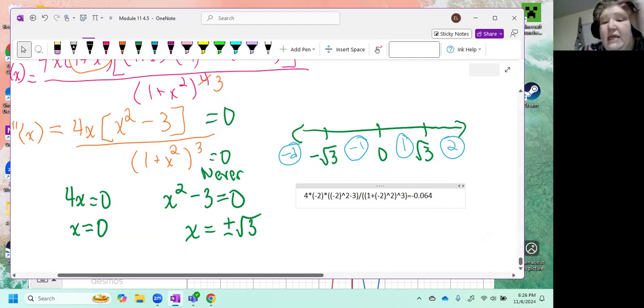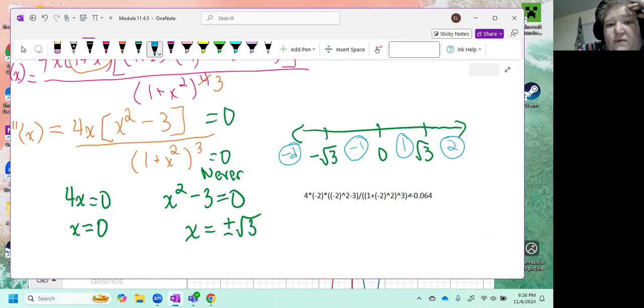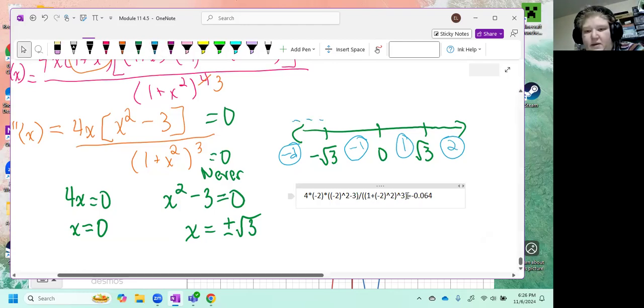So it tells me negative 2 is negative. So there's that. Now we're going to change those 3 negative 2's to negative 1's. Come over here, equals.